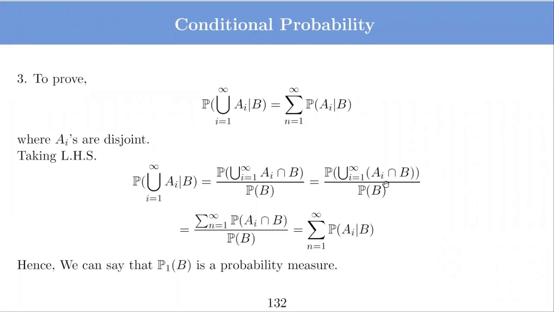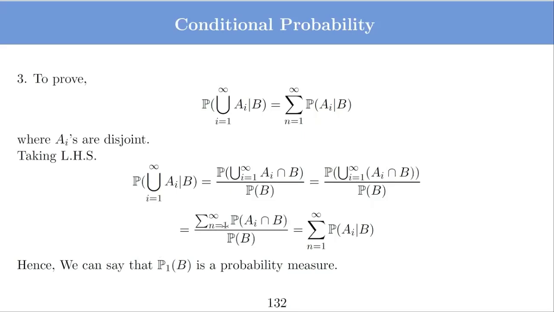There is no conditional. So I can apply the countable additivity property in the numerator, and from that I get this is equal to summation of probability of Ai intersection B, because you treat this as a set C. So probability of union of C is equal to summation of probability of C. So this is how you get this, and there is a probability of B.